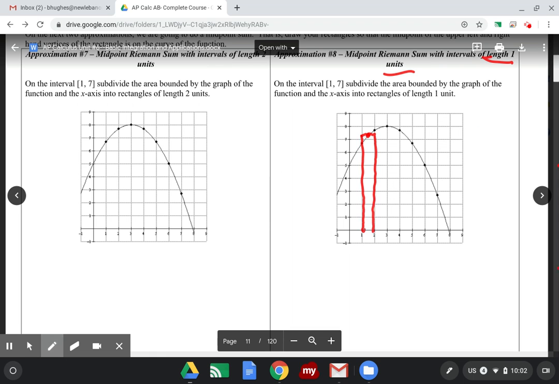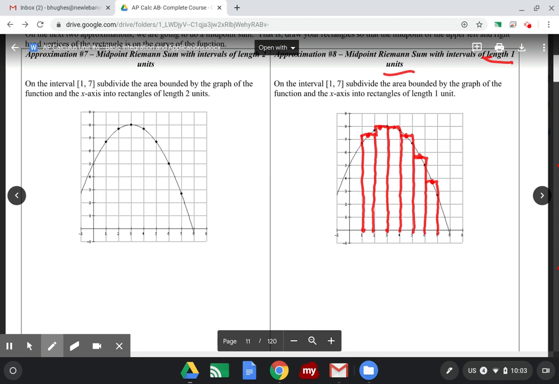In between 2 and 3, there is the middle of our rectangle. So that's how I'm drawing it, based on the middle of the length of 1, halfway in between that: 1.5, 2.5, 3.5, 4.5, 5.5, and then the last one would be 6.5.